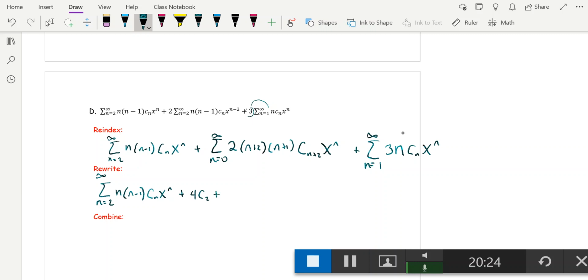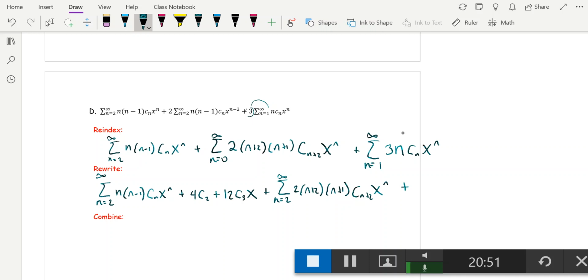And then when n is 1, I'm going to get 12c3 times x. And then I'll finish off n equals 2 to infinity of 2 n plus 2 n plus 1 Cn plus 2 x to the n.